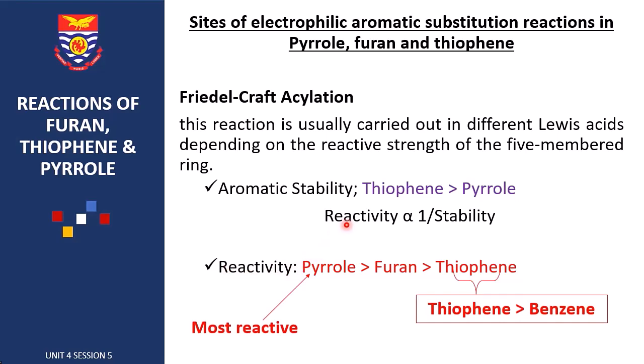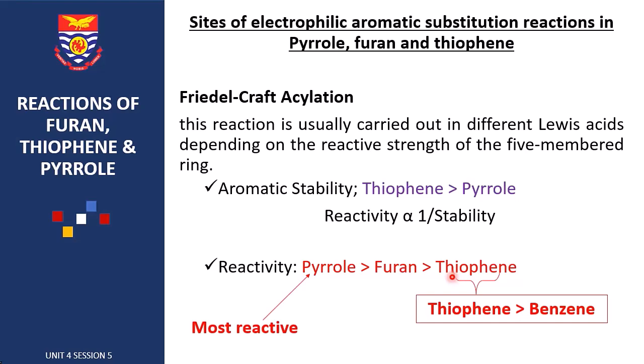So if it's less stable, it wants to move into its stable state by reacting with other reagents or organic compounds to make it more stable. So the trend in reactivity is that pyrrole is more reactive, because of the resonance structures we talked about in the previous session, thiophene's electronegativity is the least, right?